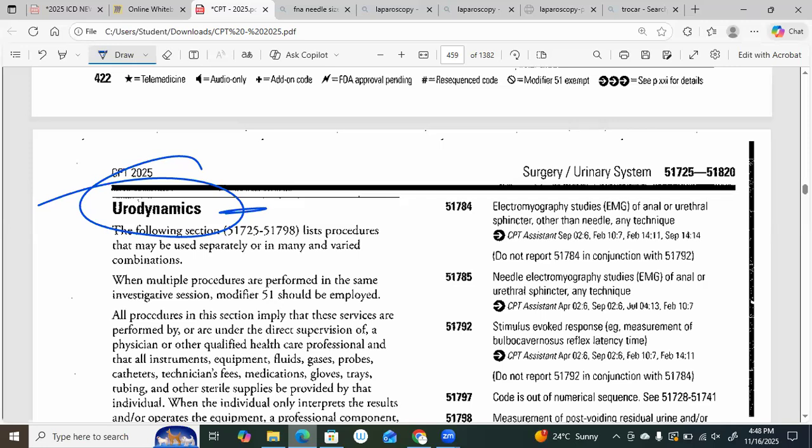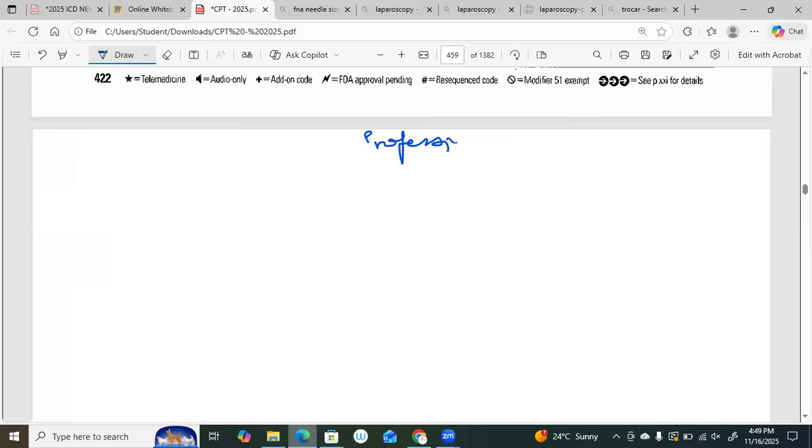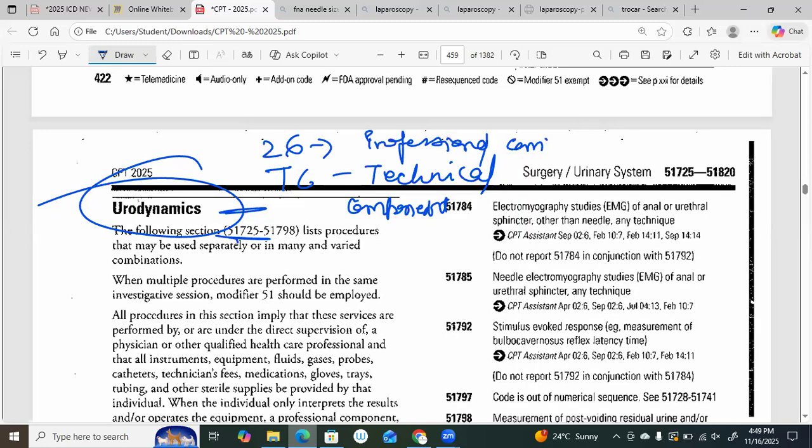So urodynamic codes are 51275 to 51798. These codes have professional and technical components. So we can bill these codes with the 26 modifier and with the TC modifier. TC means technical component and 26 means professional component.